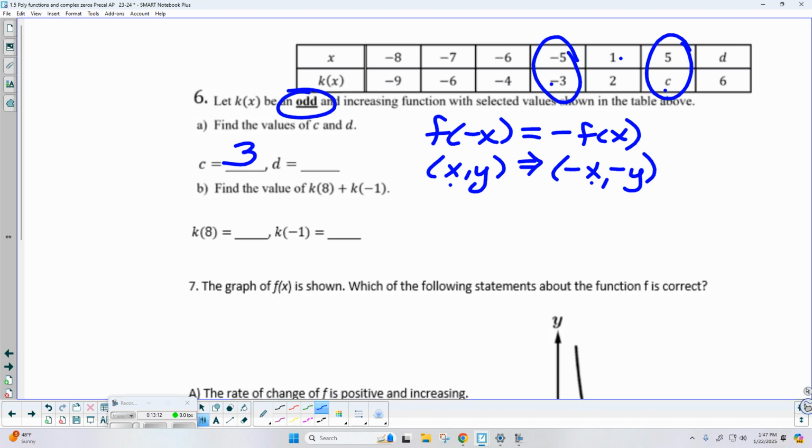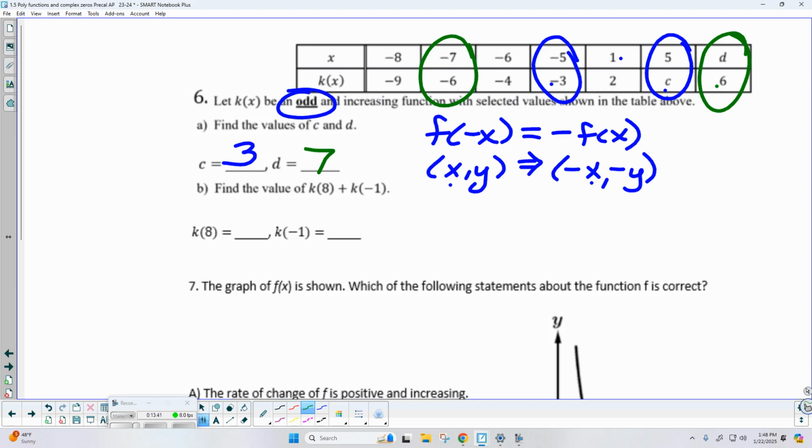Should be a positive 3. The x and the y change signs. Same thing if I look at D. D is associated with 6. So I'm looking elsewhere in the table where I have the opposite, which would be right here. If negative 7 is this x, then 7 has to be D.